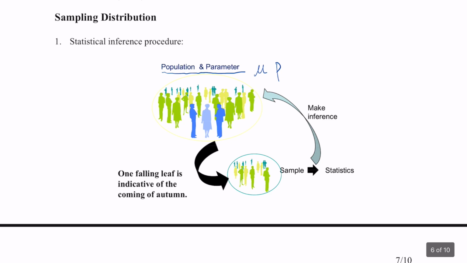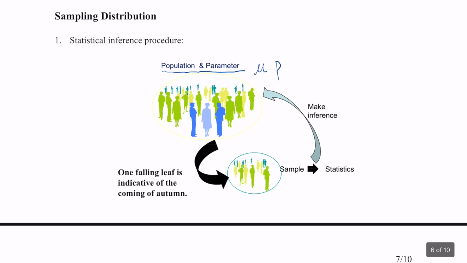But one of the problems is that sometimes the population would be so big, right? If you want to know how many people have iPhone in China, you cannot do a survey and send it to everyone in China, right? That is too big. So what we can do is focus on a small sample. We can focus on this sample, say 1,000 people. We can do a survey for 1,000 people. That's easy.